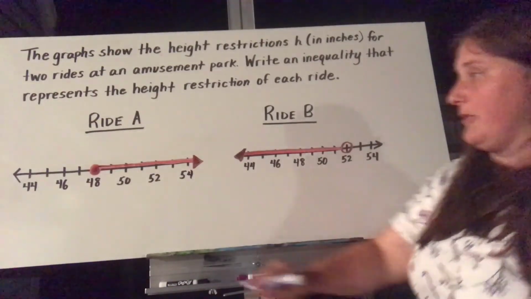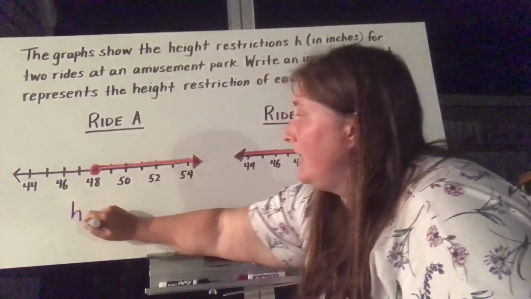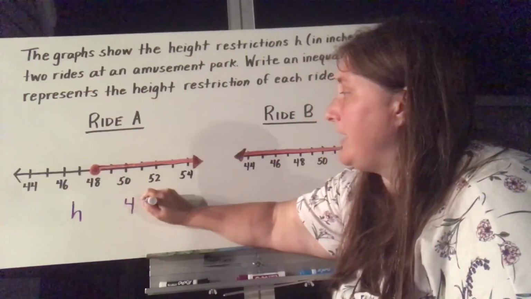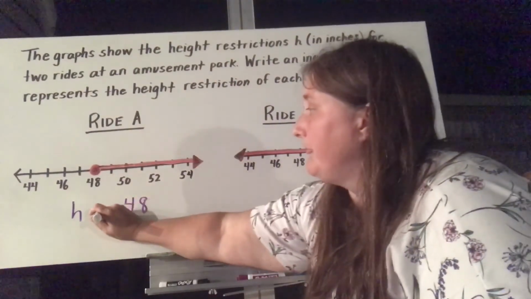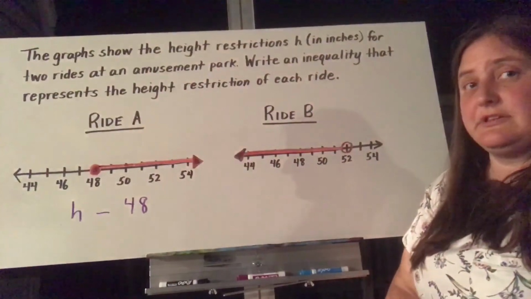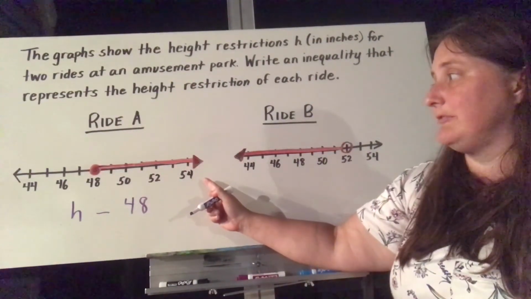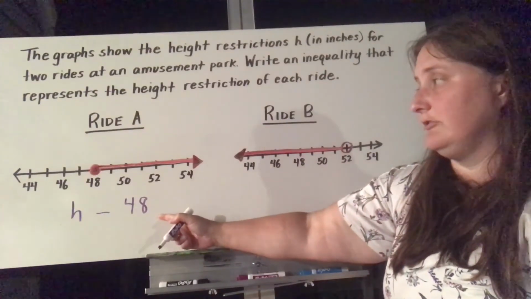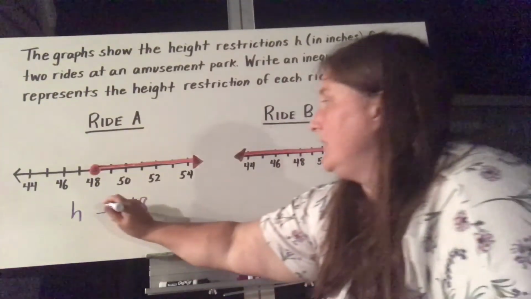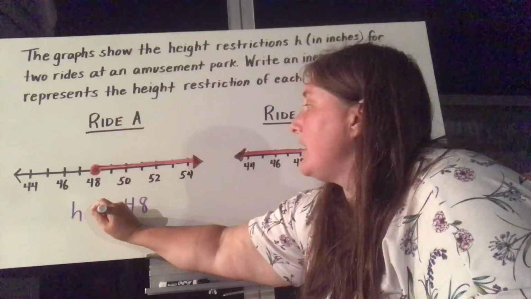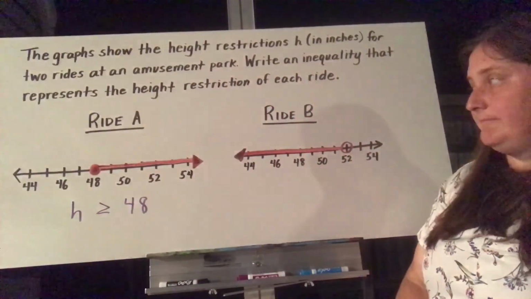So I'm going to call the person's height H. And I know that they could be equal to 48 inches. I also see that the numbers to the right are highlighted. So in order to ride this ride, you have to be bigger than 48 inches or exactly 48 inches. So the height needs to be greater than or equal to 48.